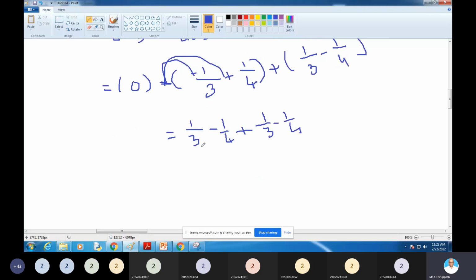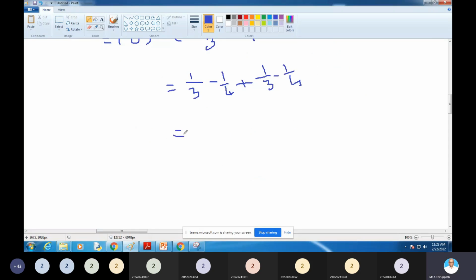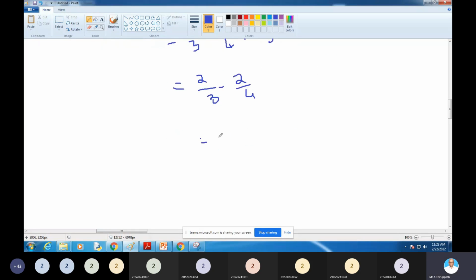What will happen? 2 times 1 by 3 minus 2 times 1 by 4. Now the LCM: 4 into 2 is 8, minus 3 into 2 is 6, divided by 3 fours are 12. 8 minus 6 equals 2 by 12. After simplification we get 1 by 6.